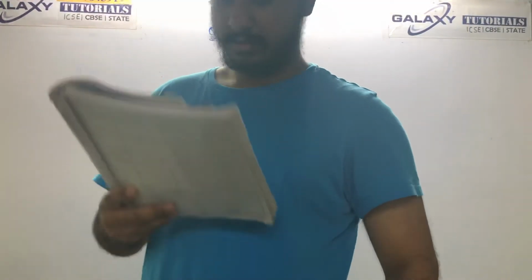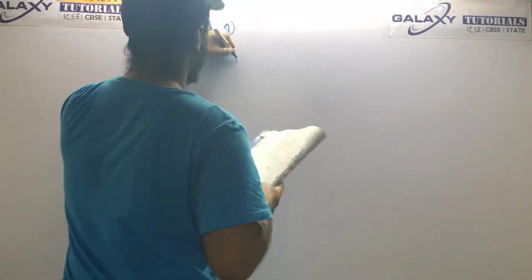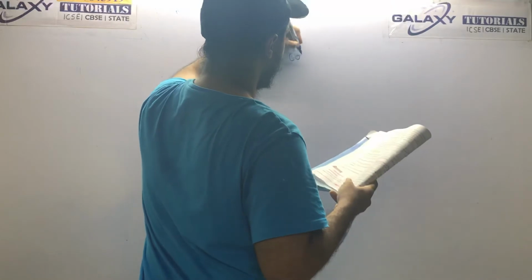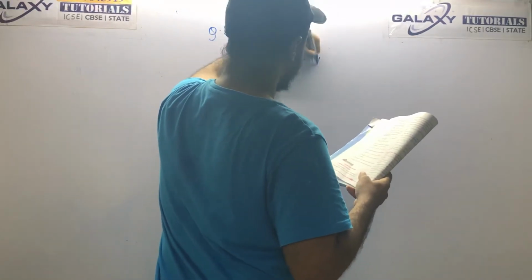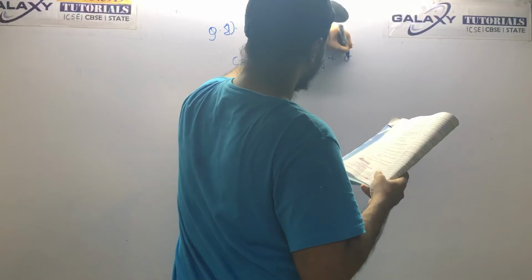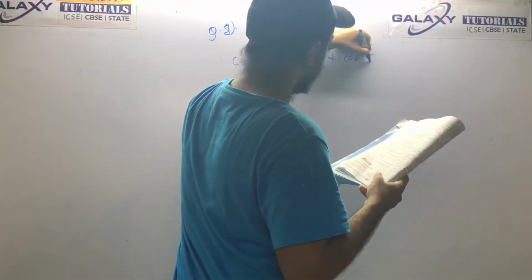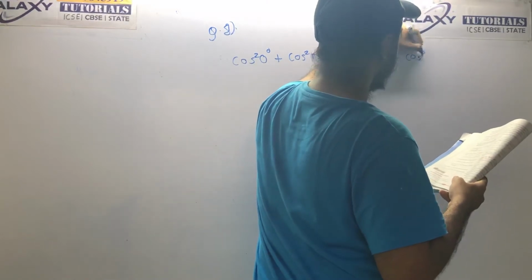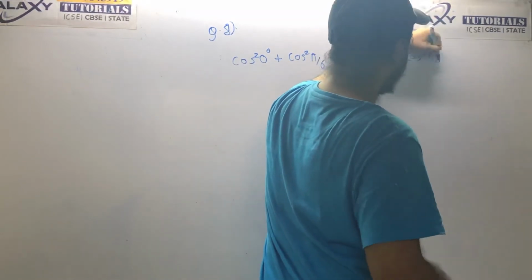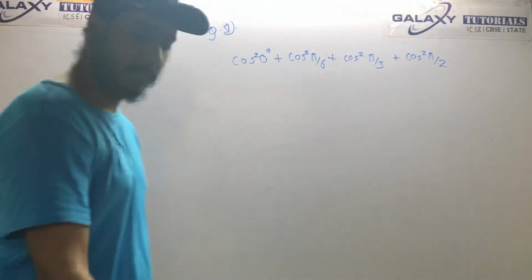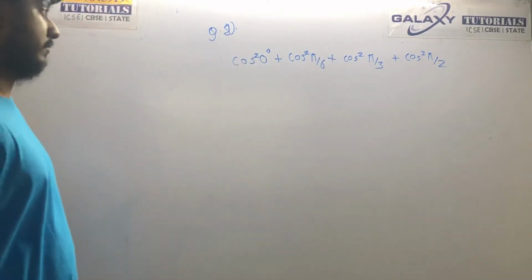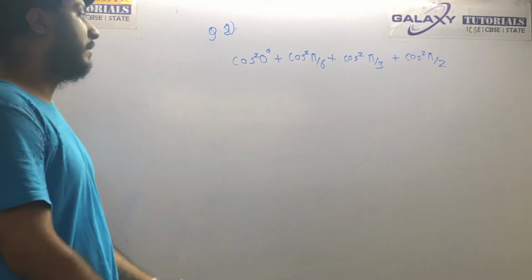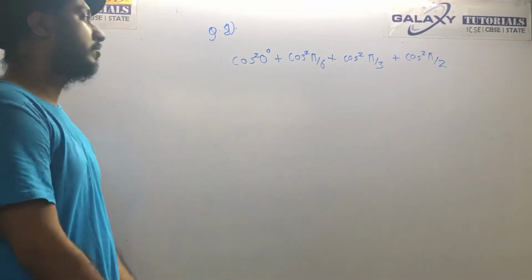Next part is, okay, this is also easy, nothing complicated. They have just written in radian to trick you. Okay, so this is cos square theta plus cos square pi by 6 plus cos square pi by 3 plus cos square pi by 2.